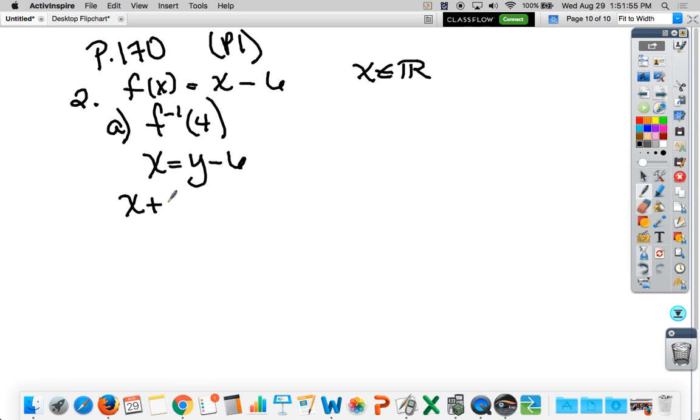Guys, I was very explicit about my notation. When I find the inverse, I put f raised to the negative 1 of x. I put the inverse of f, right? So if I have been doing my notation the way I'm supposed to, this tells me what the inverse of f of x is. So now I take 4 and plug it in here.